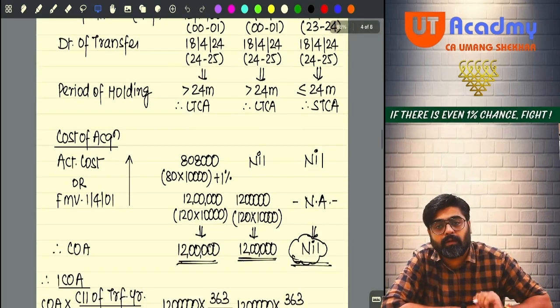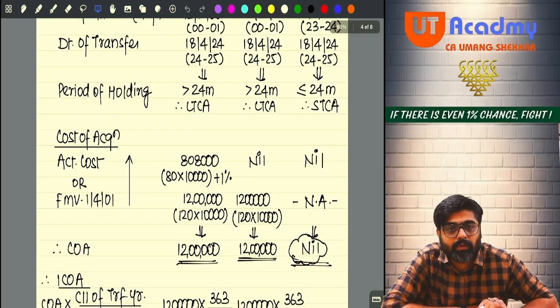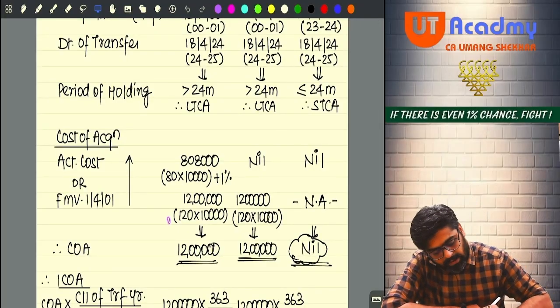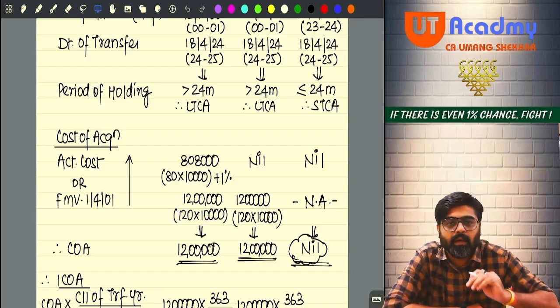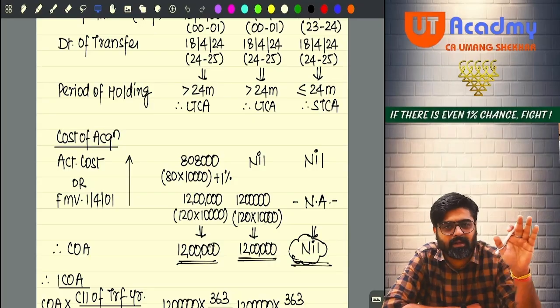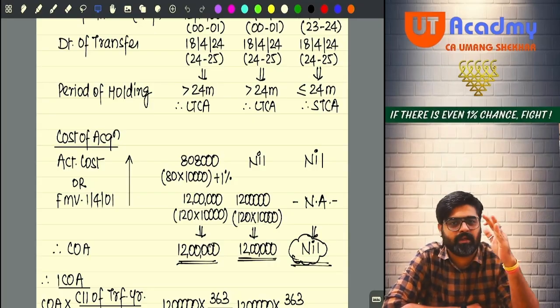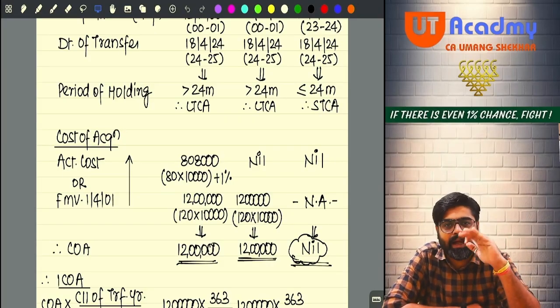What was the fair market value of these shares? 120 rupees per share. So 120 into 10,000, you will get 12 lakh rupees fair market value. No need to add any brokerage etc. in this. Fair market value takes care of everything. Add brokerage only in the purchase price, only to determine the actual cost.